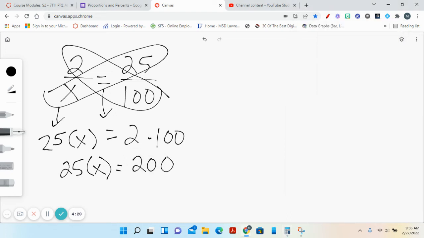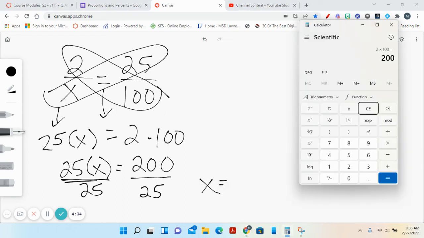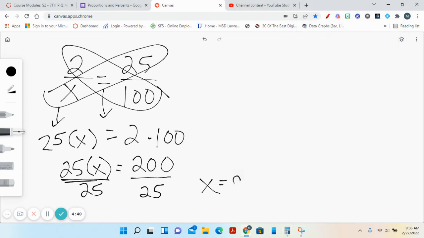Again, this is multiplication here, so to undo multiplication, we divide. And what we do on one side, we have to do on the other. We get that X is equal to 8 pencils.